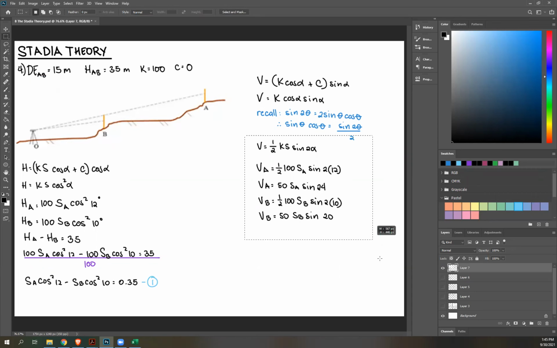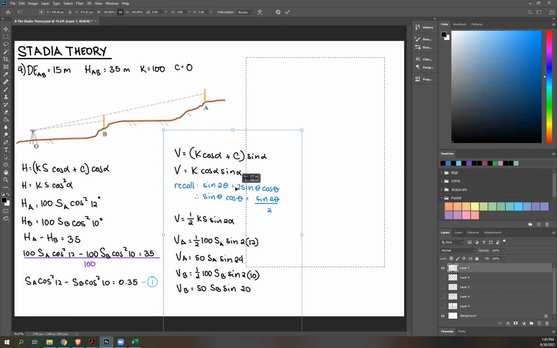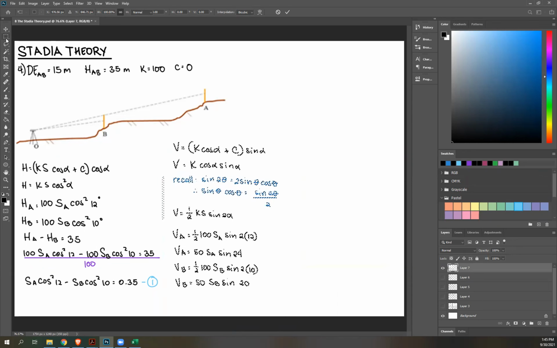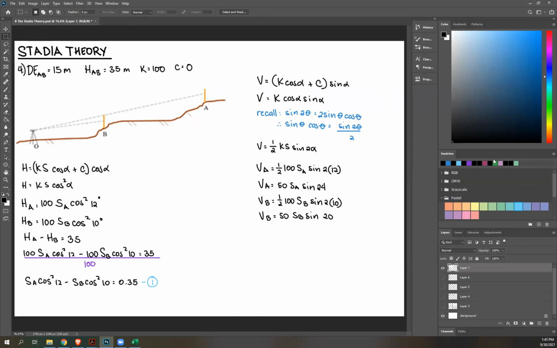All right. So difference in elevation between A and B is this.